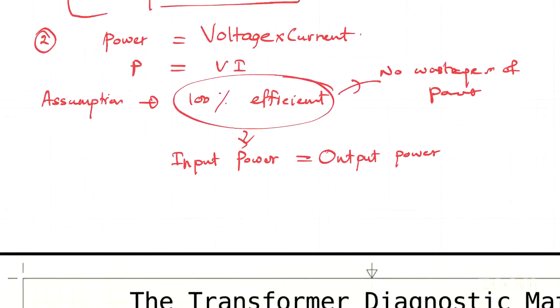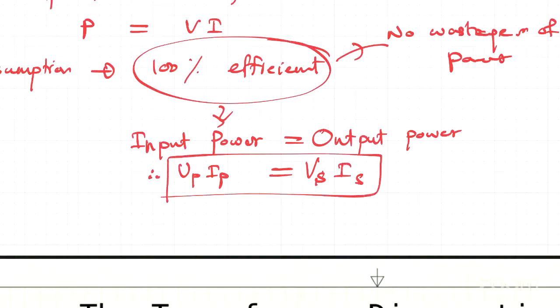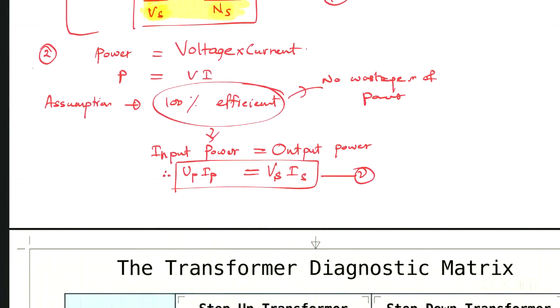So therefore we can say Vp into Ip, which is primary voltage into primary current, will be equal to secondary voltage into secondary current. So this is your second equation that you need to remember when it comes to transformer related calculations.